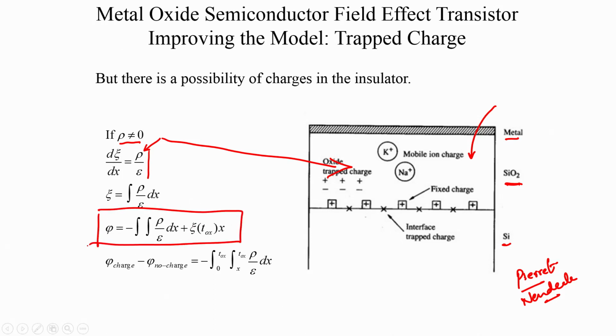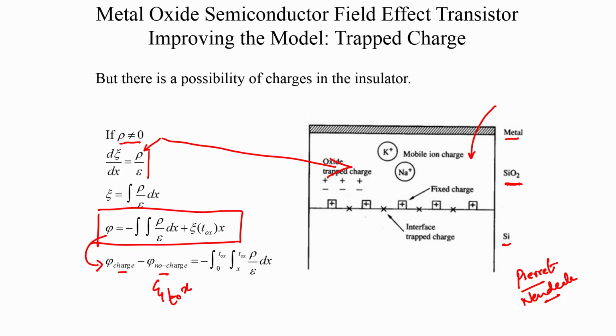And therefore, if you were to take the potential difference between the case where the insulator has charge trapped inside and the case where the insulator does not have any charge trapped inside, in this case you have this term, and in the case of no charge trapped you had this term.